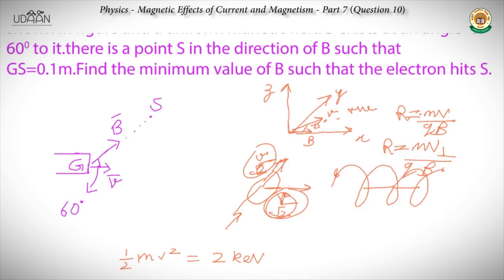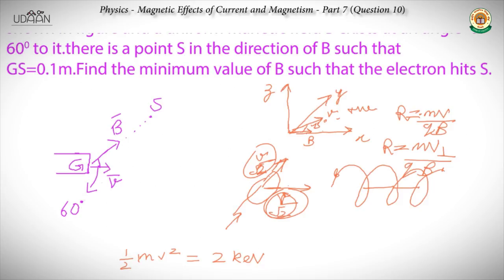If you're given this question in a JEE paper, they'll be specifically mentioning this, we'll be given the particular value. Here we have taken a value of 2 keV to numerically prove a point that we will get a particular answer, a particular minimum value of B.